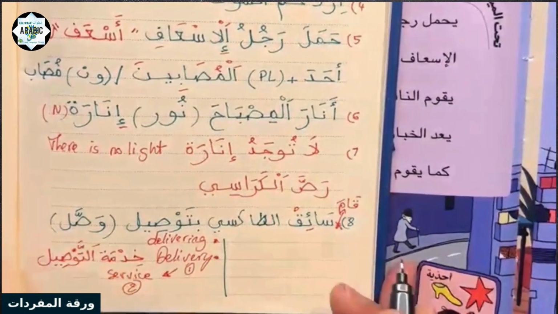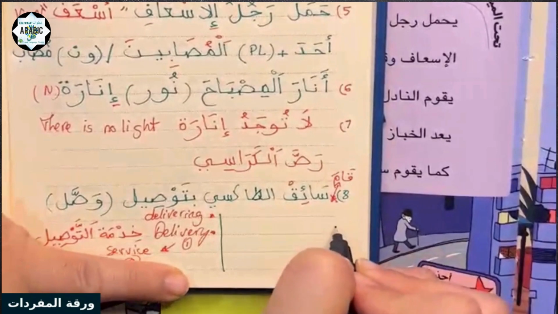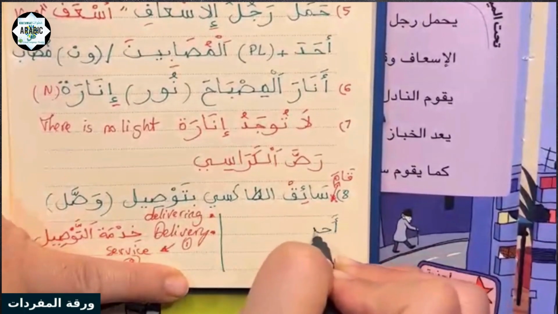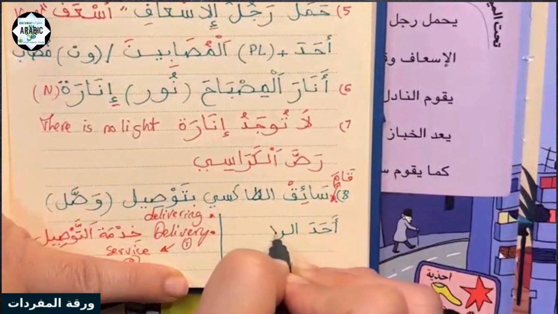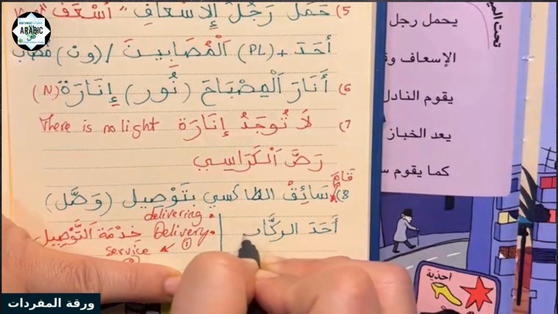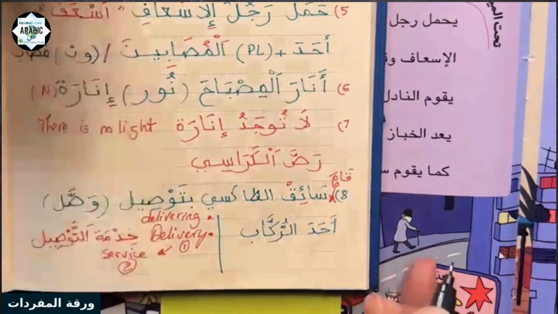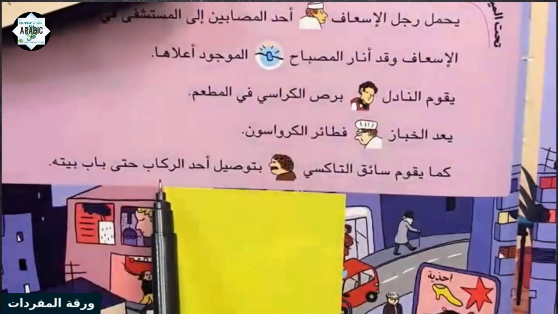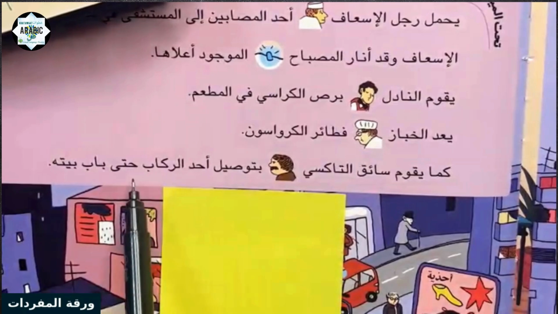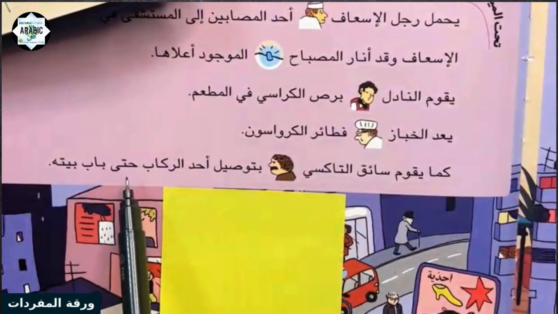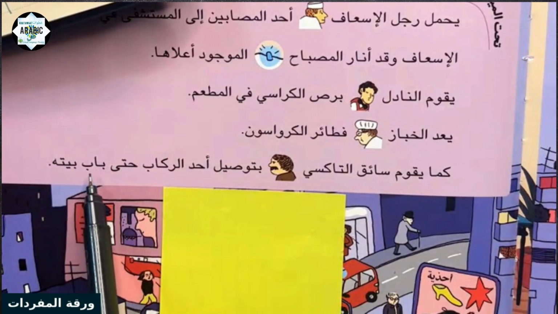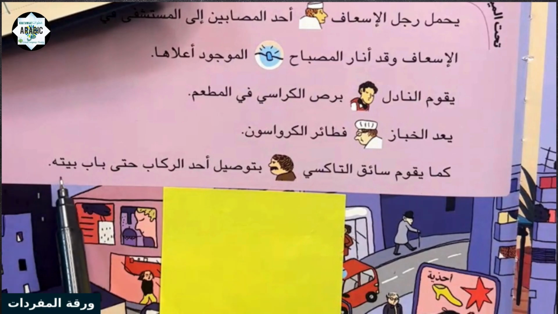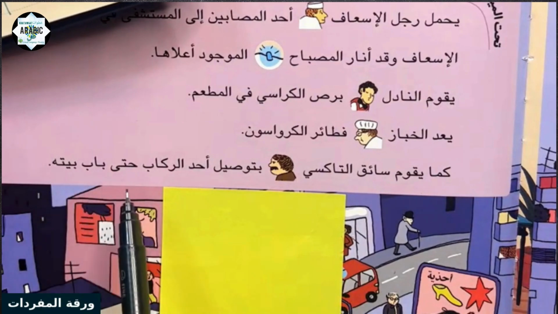I'll say أحد plus plural الركاب or الراكبين. الركاب are passengers. حتى باب بيته. حتى, till or until, till the door of his house, like till his doorstep.